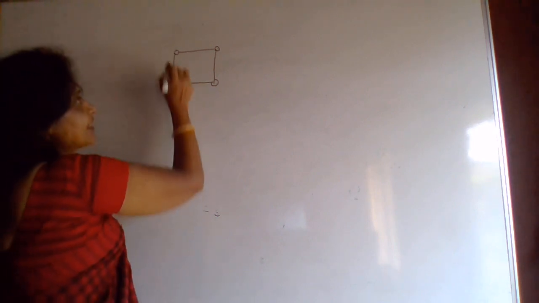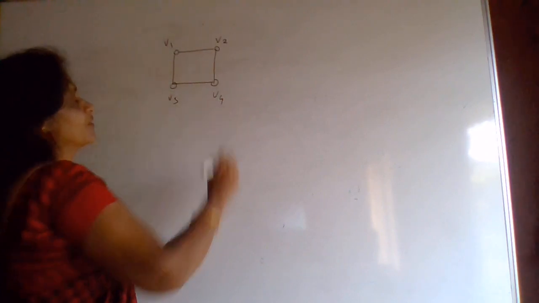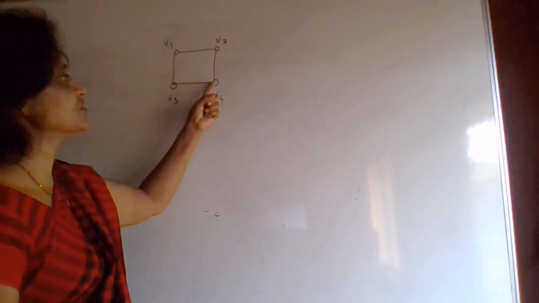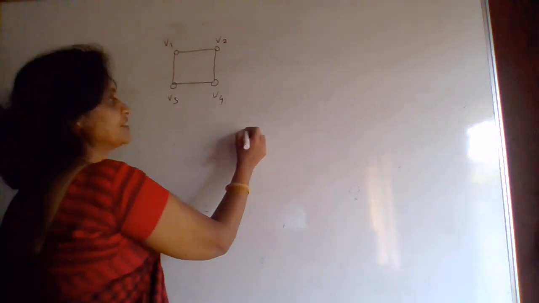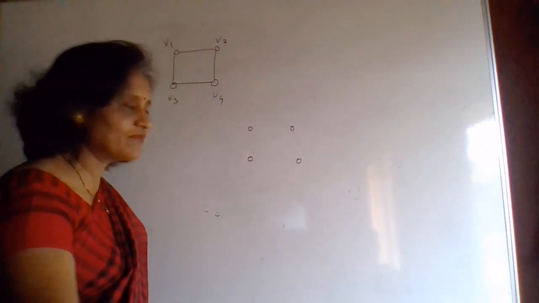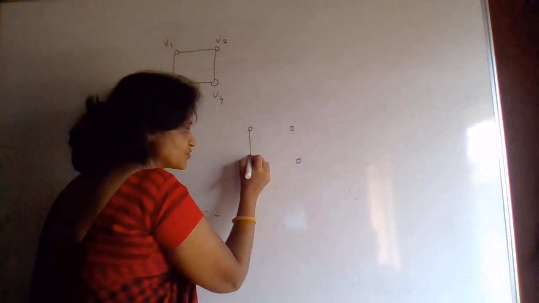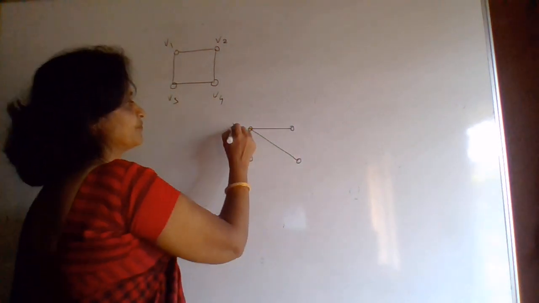Now if I call this V1, V2, V3, V4, you can see V1 is not adjacent to V2. We are going to talk about the graph in which every vertex is adjacent to rest all vertices. Means V1 is adjacent to V2, V3, V4 all.